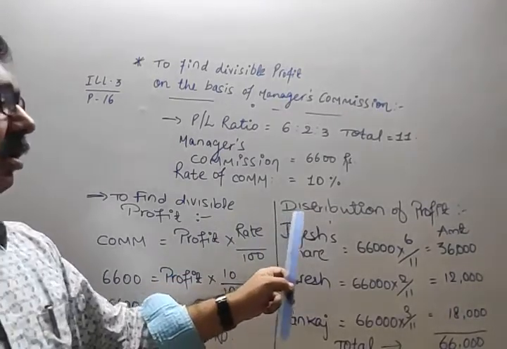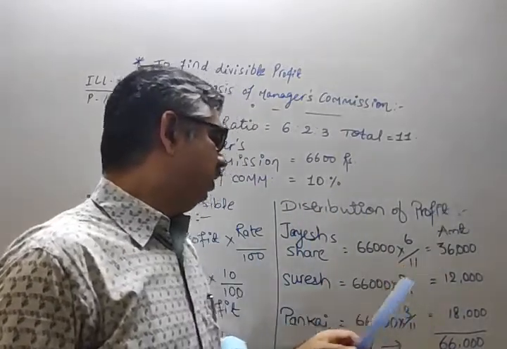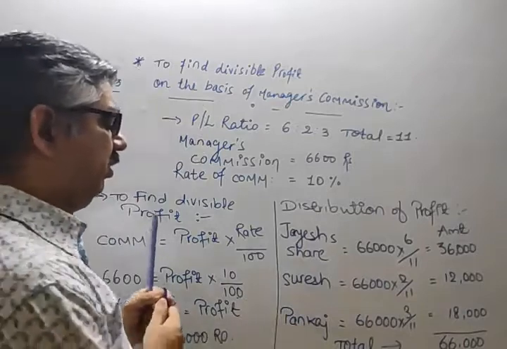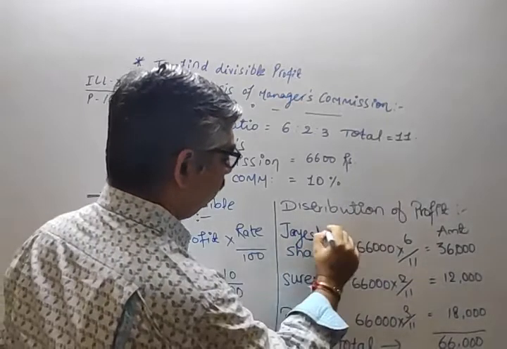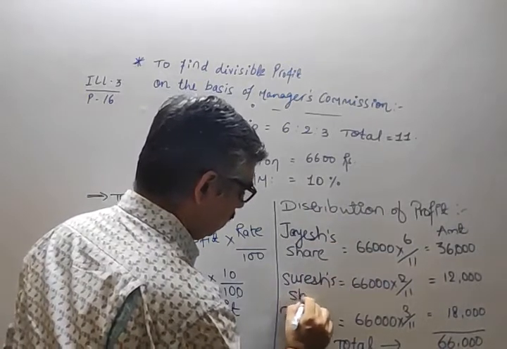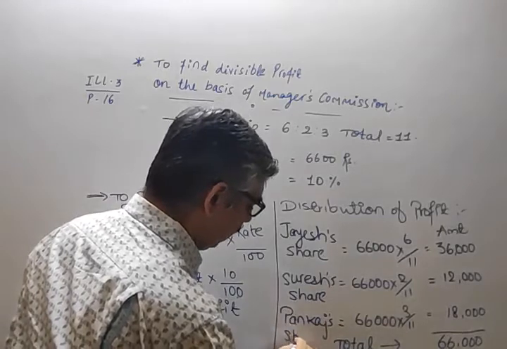This profit is divisible because we are finding this. Then divisible profit must be distributed properly. So Jayesh share, Jayesh first partner, then Suresh share and Pankaj share.